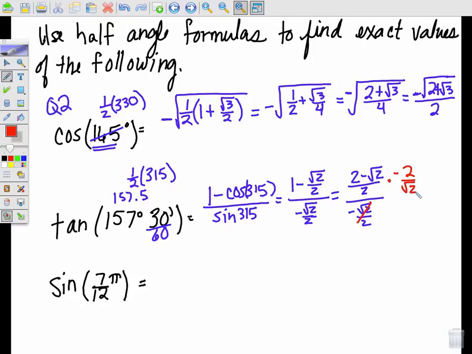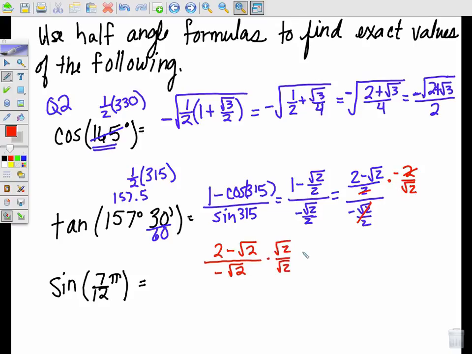Dividing here is turning this into multiplying by the reciprocal, and let's see what we have left. So my 2 is going to cancel here, and what I have is 2 minus the root 2 divided by a negative root 2.